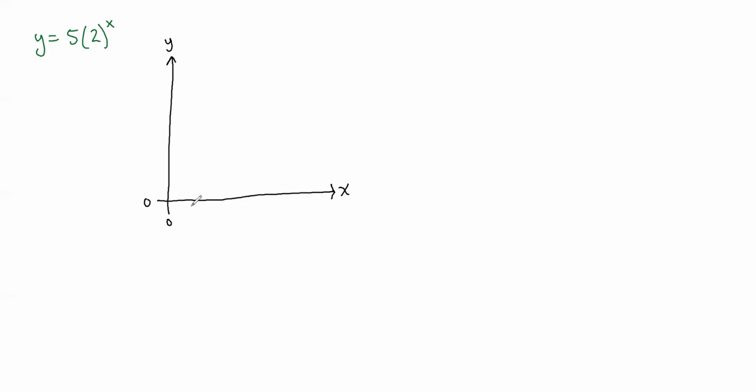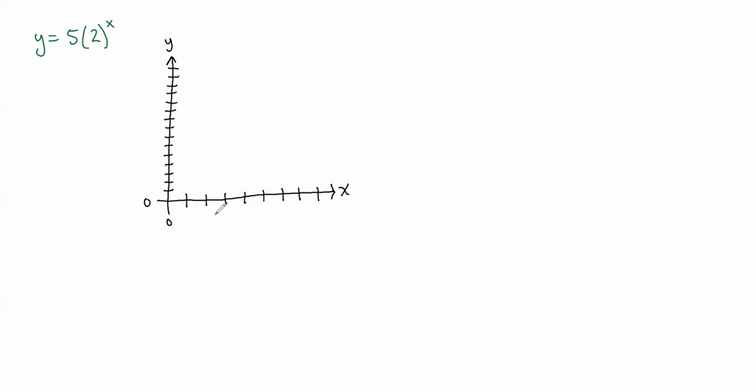So let's look at this. We have 1, 2, 3, 4, 5, 6, 7, 8. That's fine. And we're going to make these kind of smaller and closer together because this is going to represent how many bacteria we have, and that's going to increase very fast.